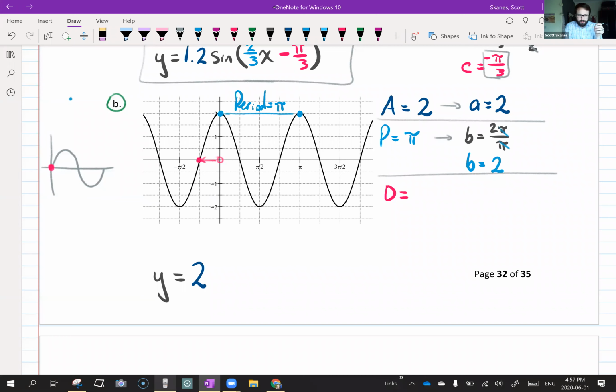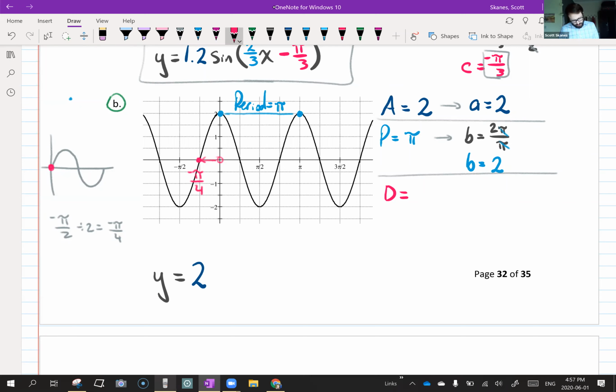Negative pi over 4. Yeah, it's half of pi over 2. So if this value is pi over 2, and this is half of it, well, just divide it by 2. So our displacement here is negative pi over 4. But again, I'll usually have it marked on the graph just to save you a little bit of work.